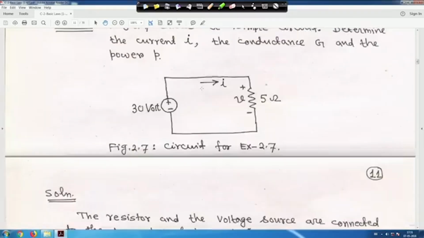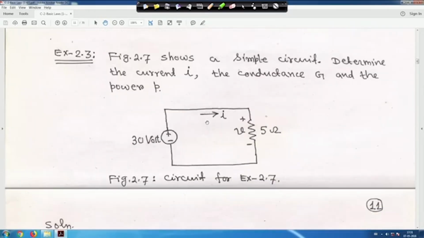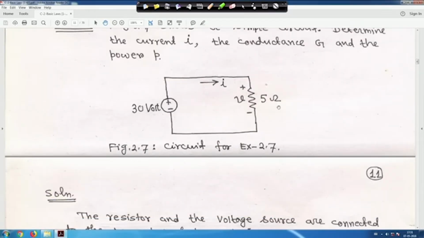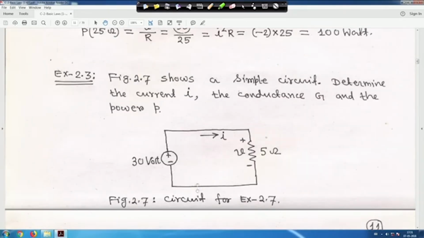This is another small example, figure 2.7. A simple circuit: determine the current I, the conductance G and the power P. It is a 30 volt source and there is one resistor of 5 ohm, and the current flowing through it is I. In this case there is no other element here.